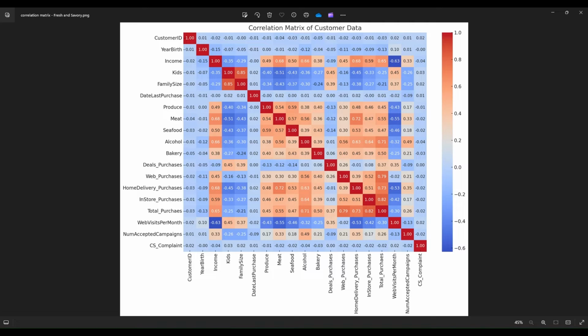Similarly, home delivery purchases are positively correlated with income, indicating that higher income customers might prefer the convenience of home delivery. Web visits and home delivery purchases. There's a significant negative correlation between web visits per month and income.